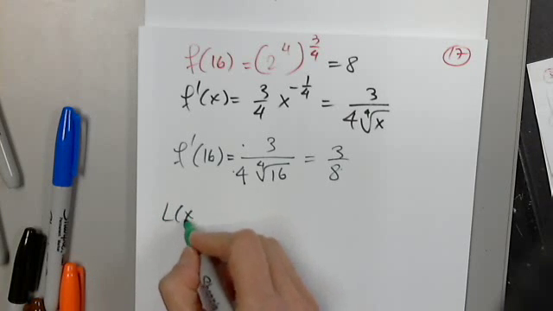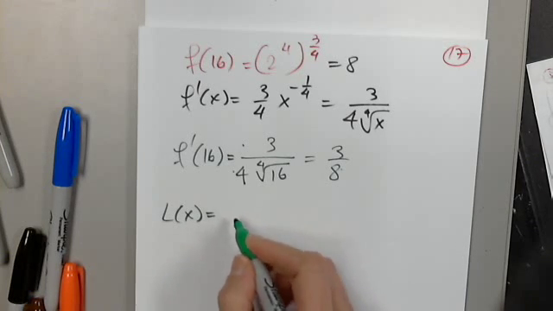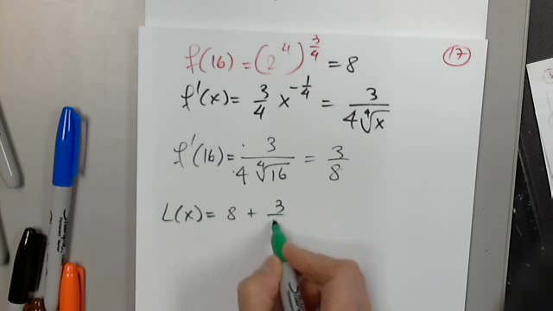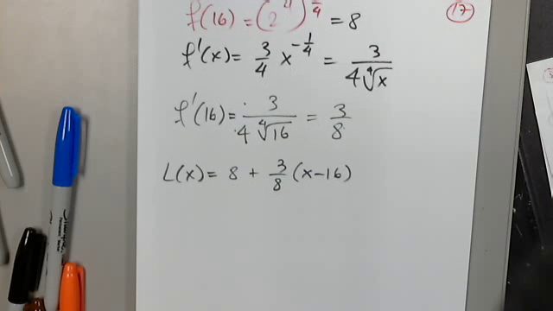So can anyone dictate the linearization or the linear function that approximates f of x near 16? 8 plus 3 over 8 times x minus 16. I will distribute.